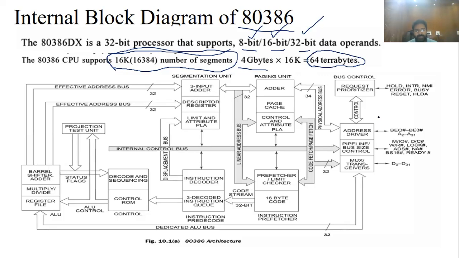So with the 80386 we are able to connect 64 terabytes of memory. You see the data lines, 2 power 32, so that is 4 GB each. 2 power 32 means, see these address lines. How many address lines are there?